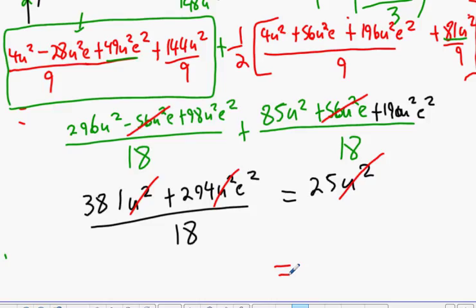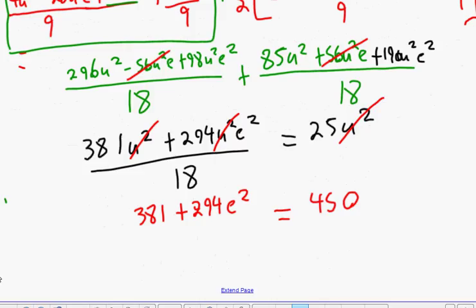Multiply 20 by 25 and take away your 50. Let's go for 450. And then that's 381, and that's 200 and? Take away your 450 minus your 381. 69.